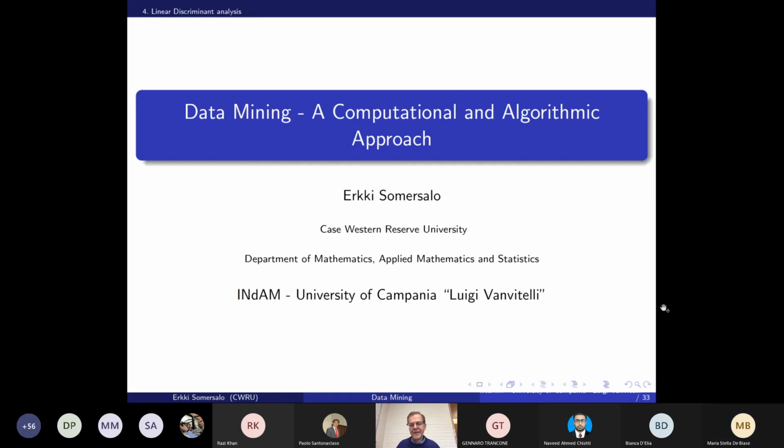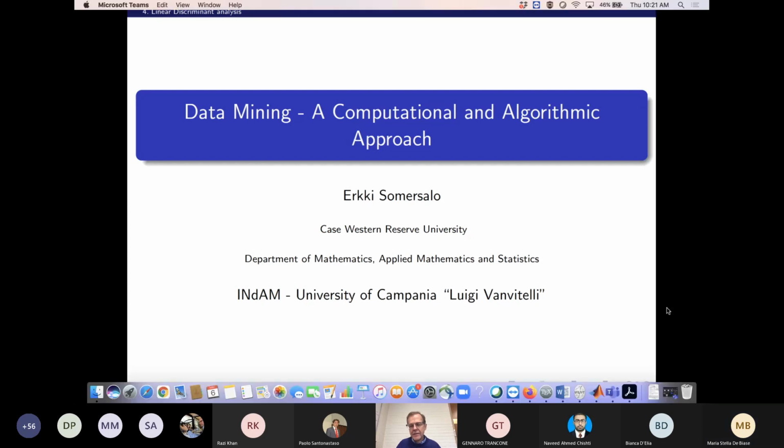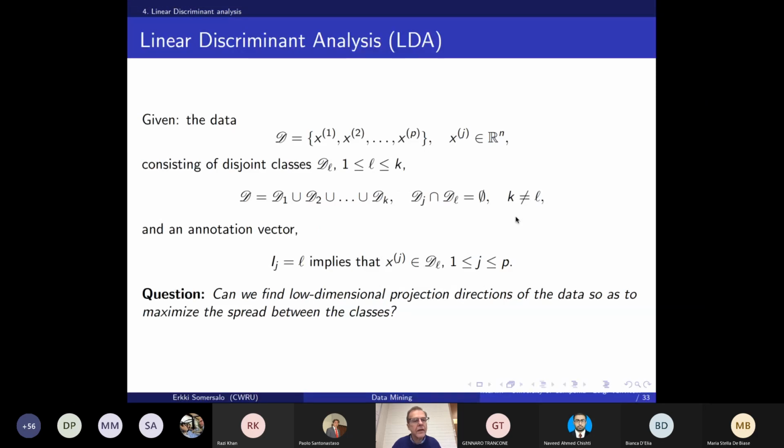So let's continue. The next topic that I'm going to is linear discriminant analysis, which is another projection method besides PCA. Here the objectives are different. We are not trying to find the directions in which the data are most spread out, but in this case we assume that we have annotated data.